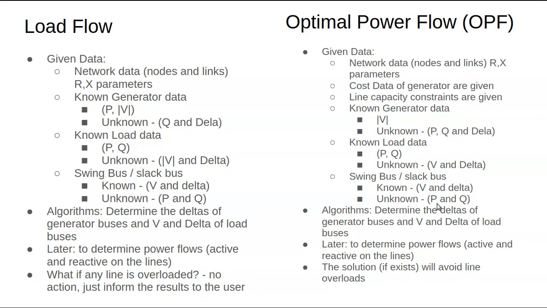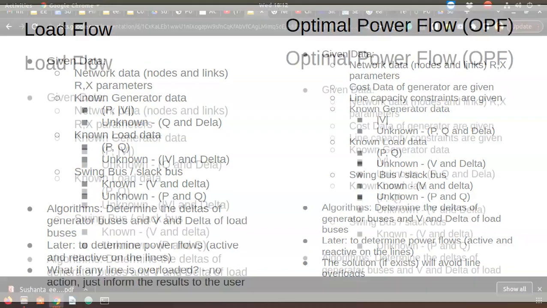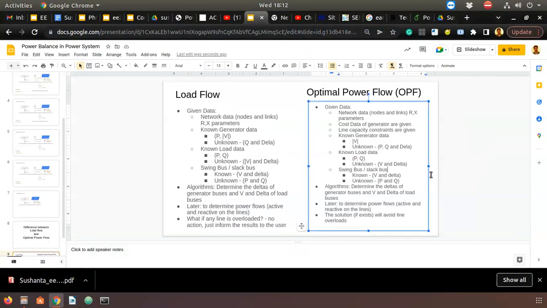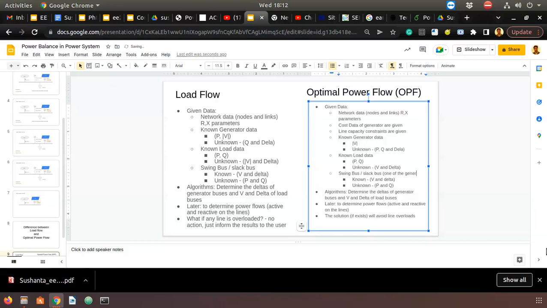So in order to make it known, this has to be one of the generator buses. So the swing bus, slack bus, will be one of the generator buses.